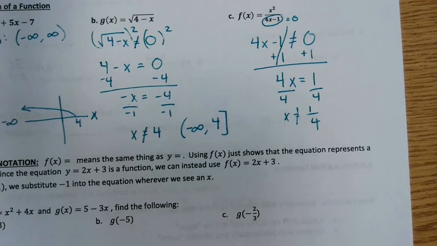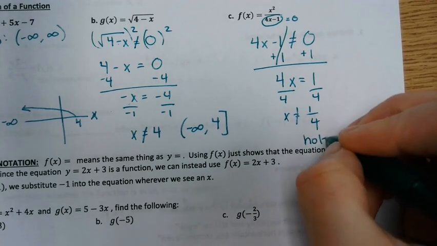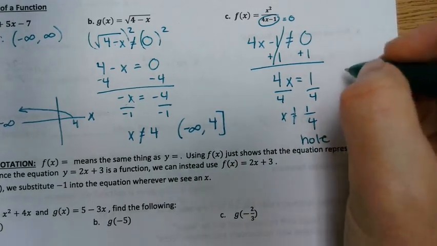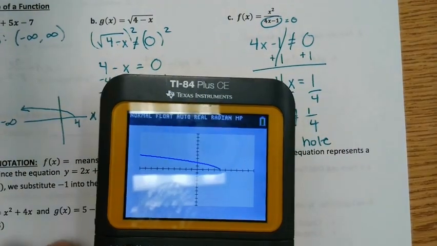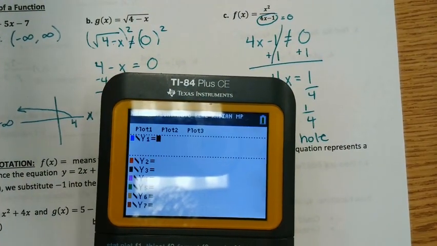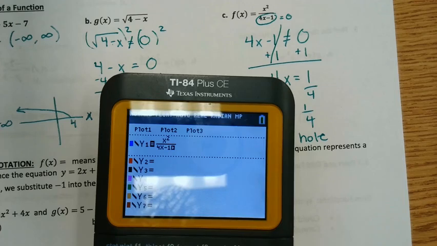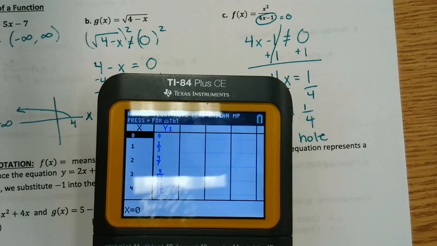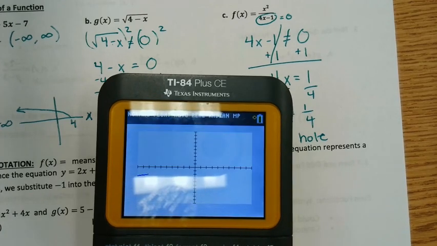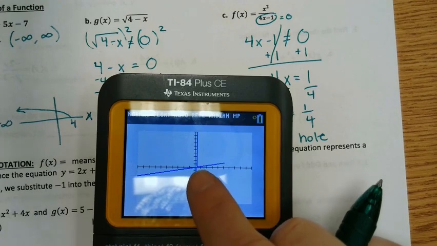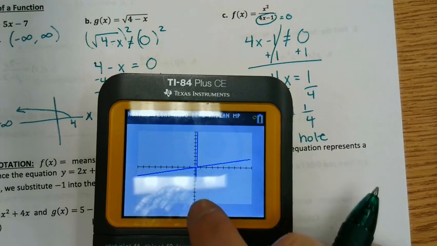This is where you're going to actually have a hole in the graph. So if you look at it, I'll show you what it looks like. x squared over 4x minus 1. So there, that is where the hole is. There's nothing there. We have some asymptotes going on.